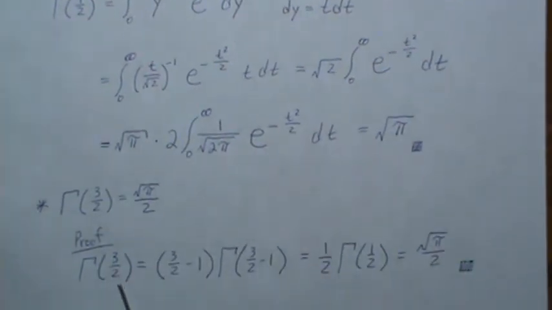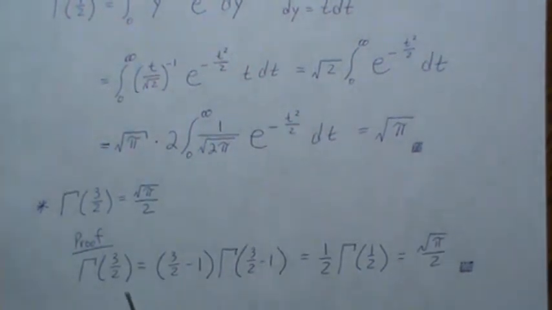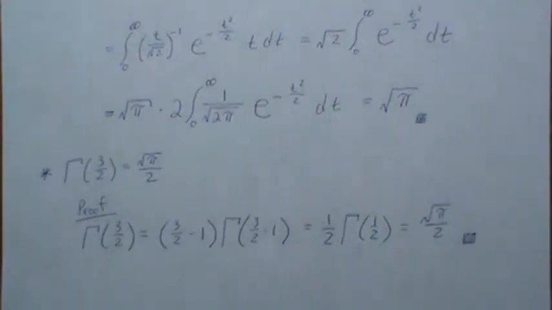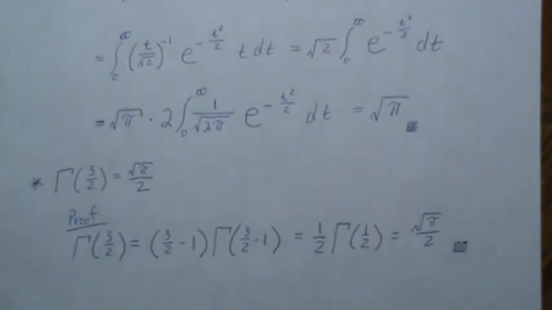And a proof of that is we know that it's always alpha minus 1 times gamma of alpha minus 1. So 3 over 2 minus 1 times gamma of 3 over 2 minus 1. But if you replace those, you get a half, and you get a half here. But here we said that was the square root of pi, so then we're left with the square root of pi over 2. Okay, well, that's all I have for today for properties of the gamma function.